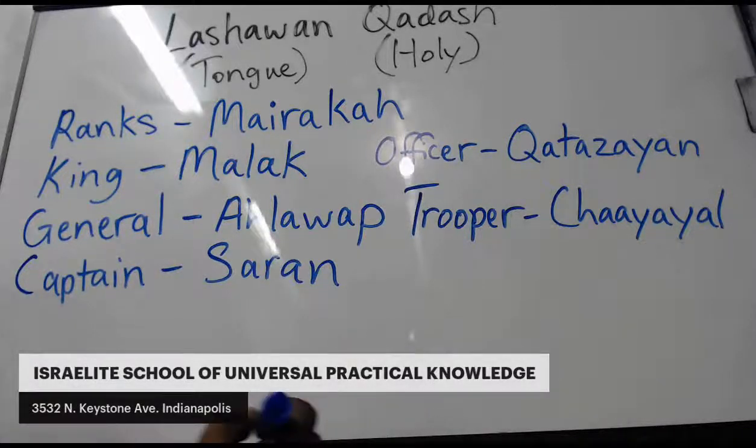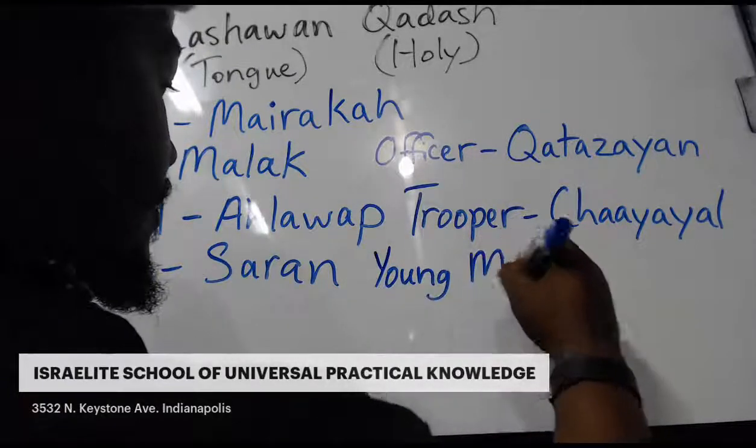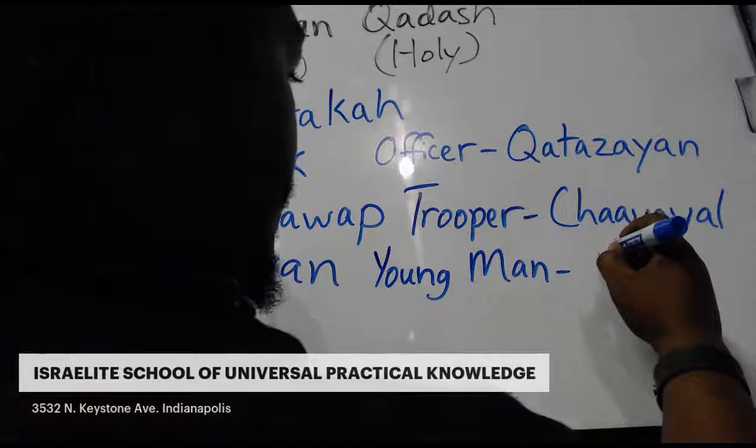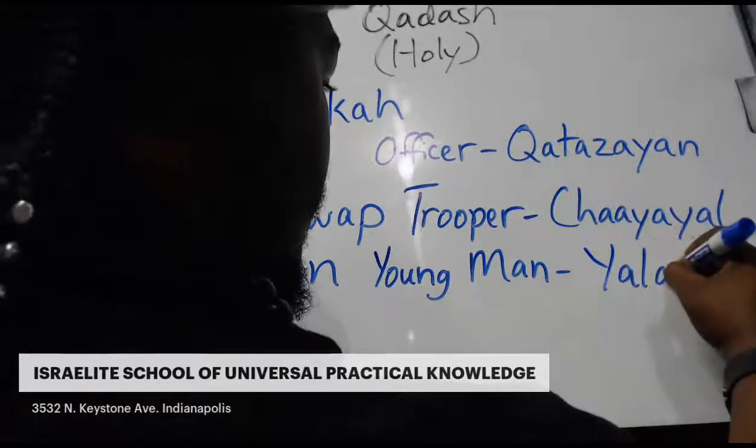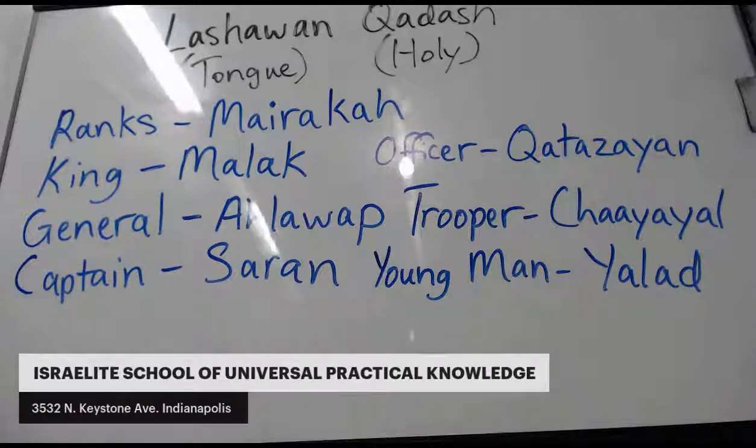Under trooper is a young man, which is Yalad. That's where they have the term young lad. He's a young lad. It comes from Yalad. All right.